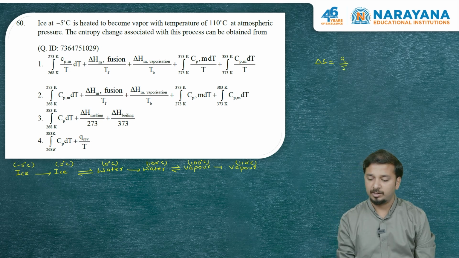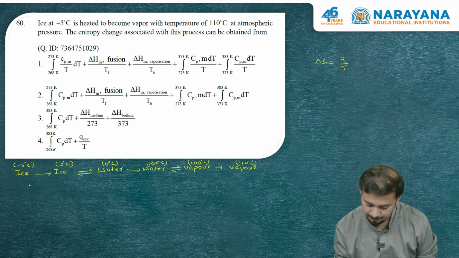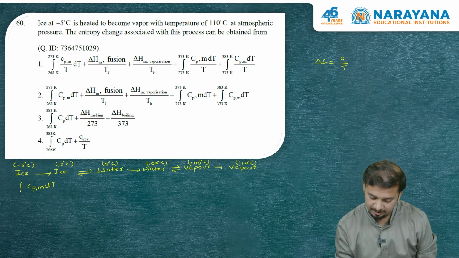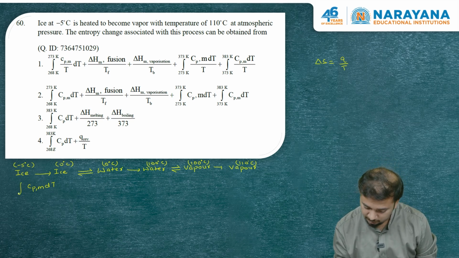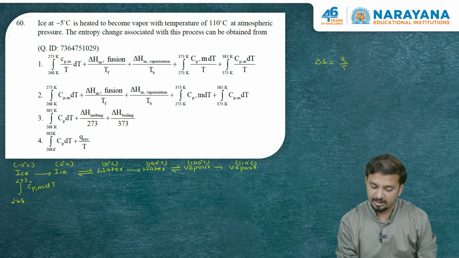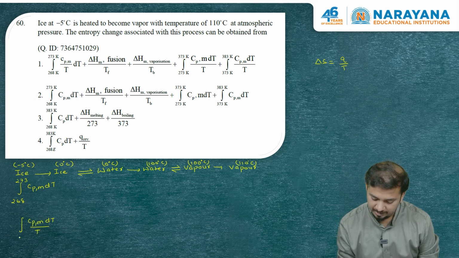So we have to find what is Q in these processes. So Q for this process will be integration of CPM dt. Temperature will be minus 5, which is 268, to 273 Kelvin. So delta S for this process will be integration of CPM dt by temperature.